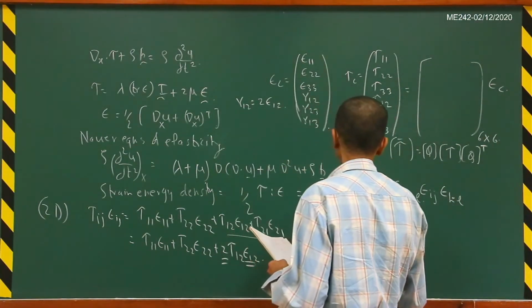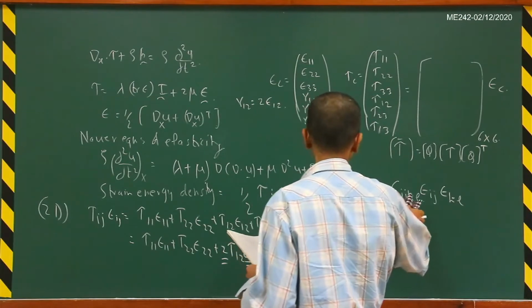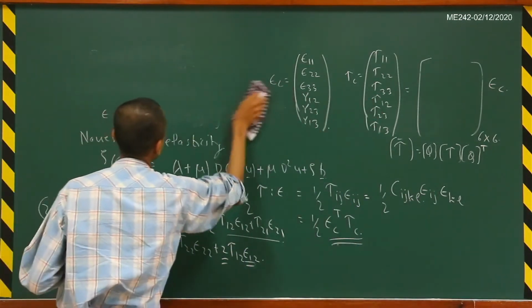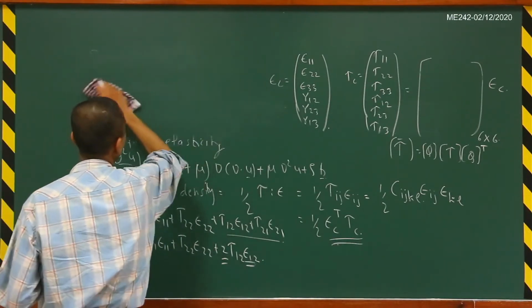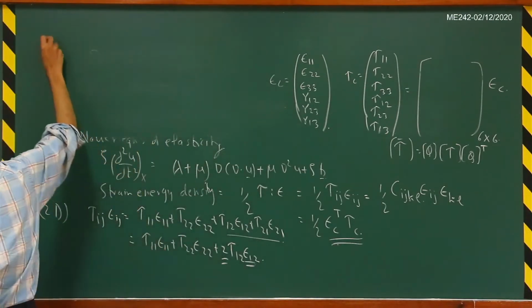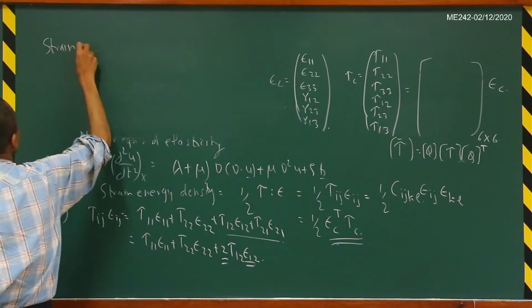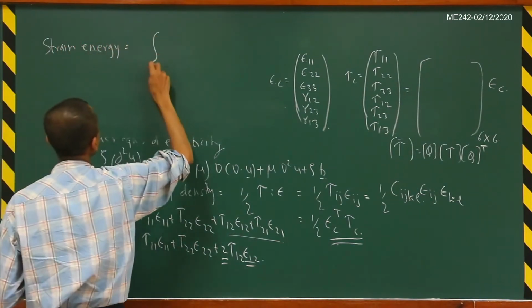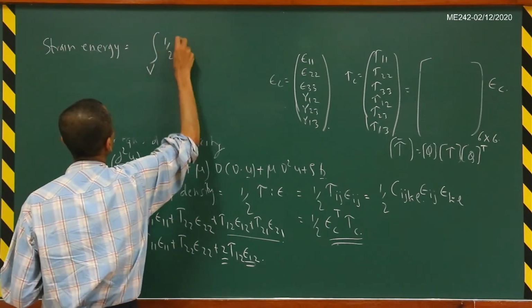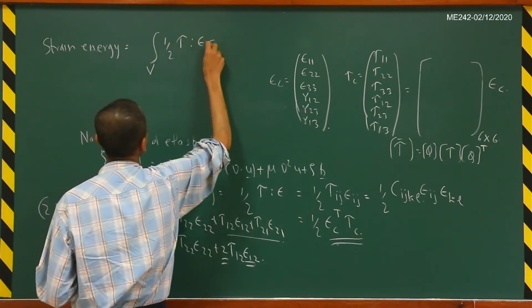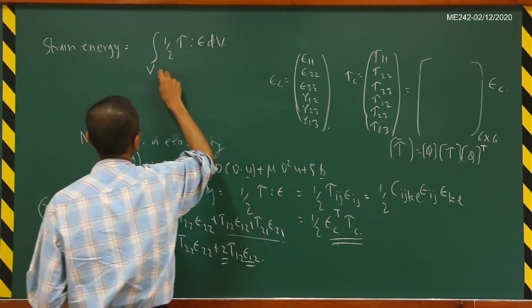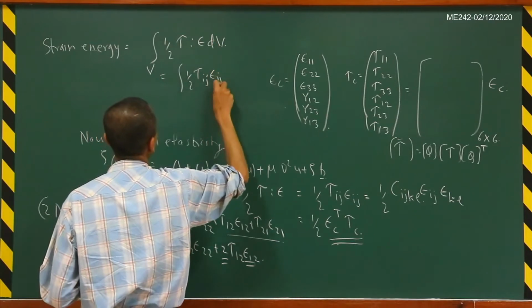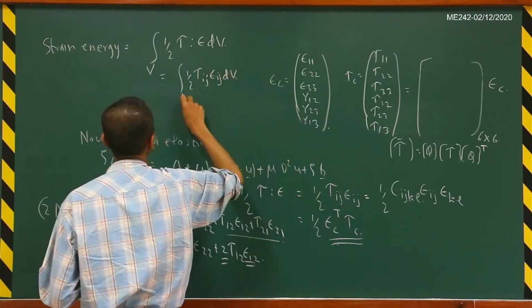So here I have defined the strain energy density. Now let us talk about the total strain energy. The total strain energy is equal to the integral over the volume of half of tau times epsilon times dv, or this is also equal to the integral over v of half of tau ij epsilon ij dv.